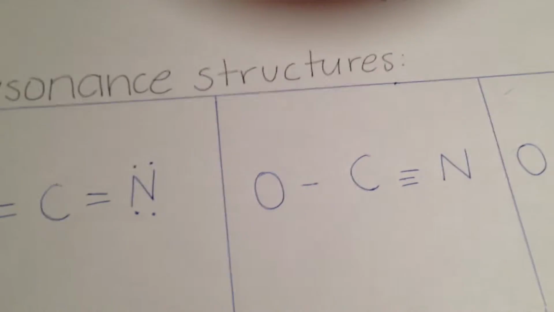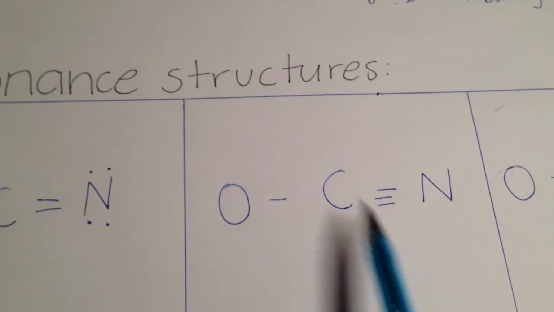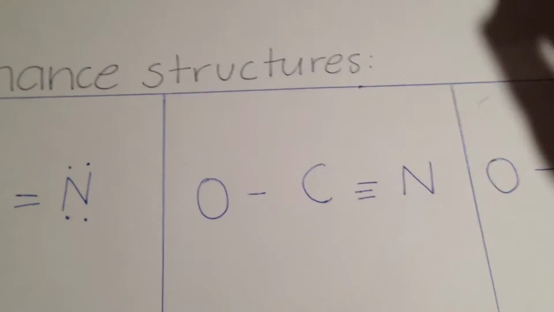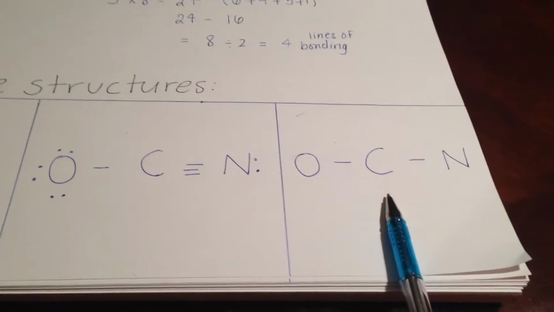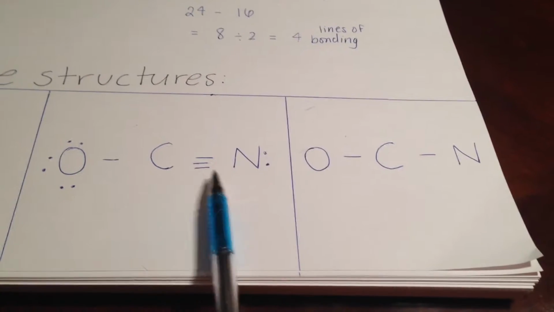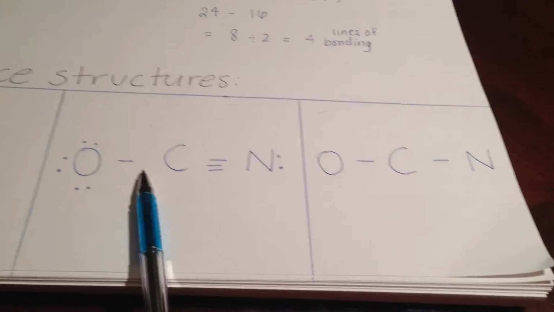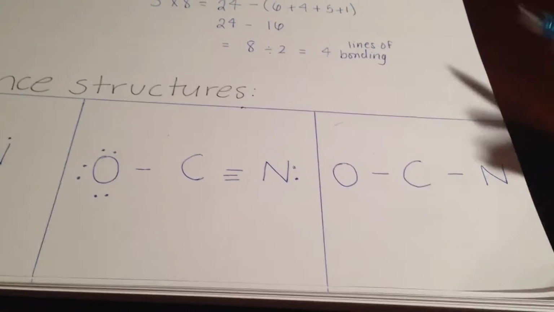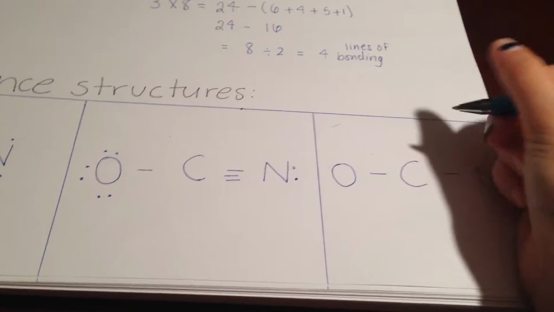Do we still have 4 valence electrons on carbon? Yes, we do: 1, 2, 3, 4. That's good, so now fill up the remainder. For our third and last resonance structure, since this is a single bond and this is a triple bond, we can just flip these and create the same thing on the opposite sides.